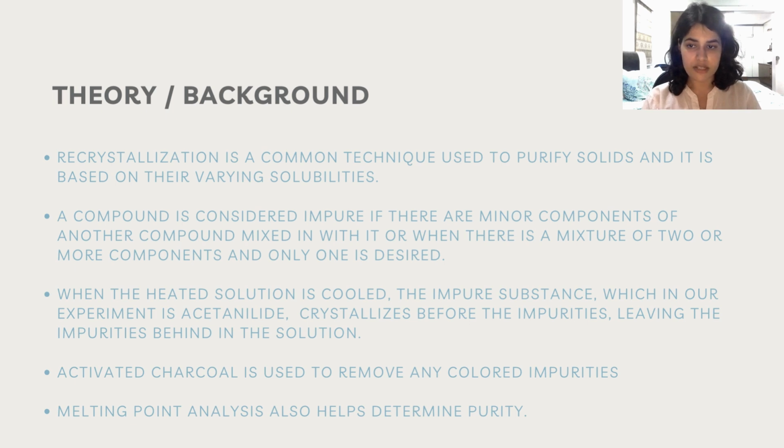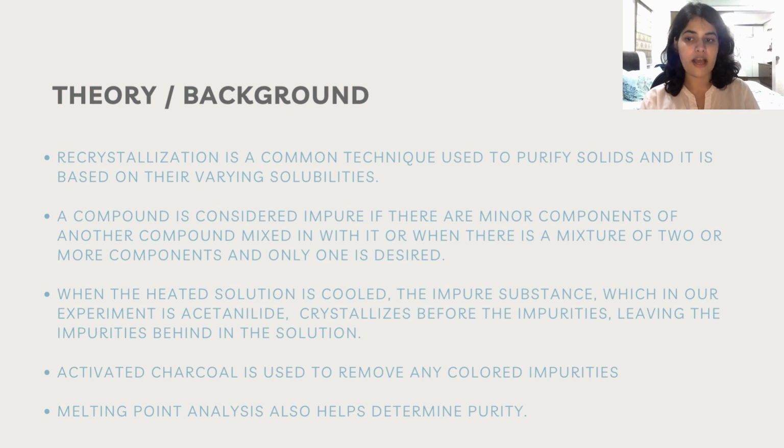The desired substance, which in our experiment is acetanilide, then crystallizes before the impurities, leaving the impurities behind in the solution. We also use activated charcoal in this process to remove any colored impurities, which are usually polar organic compounds with an affinity for activated charcoal.